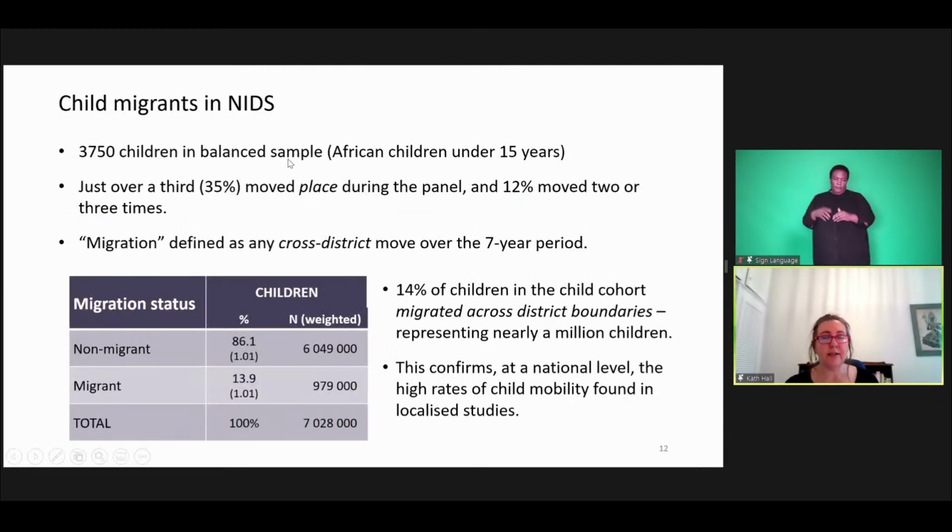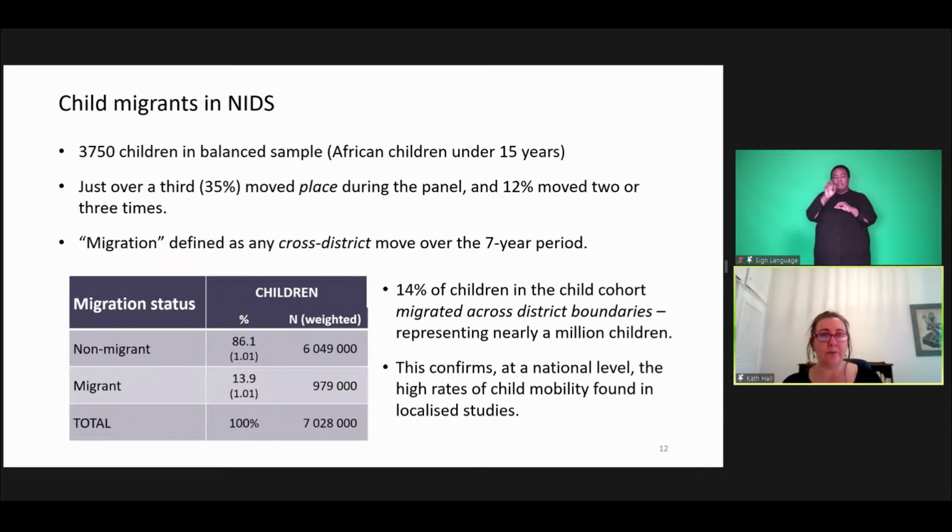So ending up with a balanced sample, and it had to be restricted to children who were under 15 years in the last wave, because after that they moved to an adult survey instrument, which is slightly different. Just over a third moved place during the panel, 12% moved 2 or 3 times.